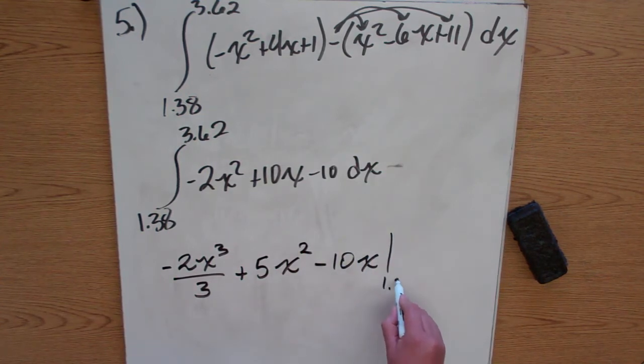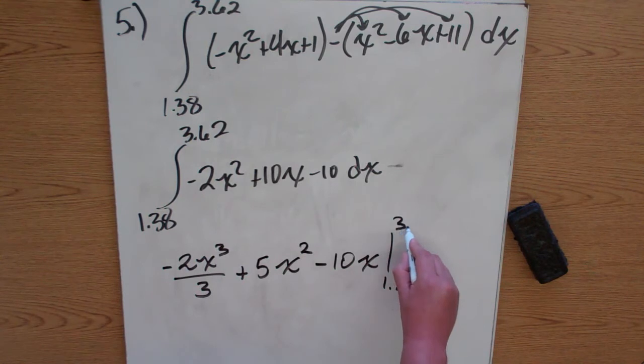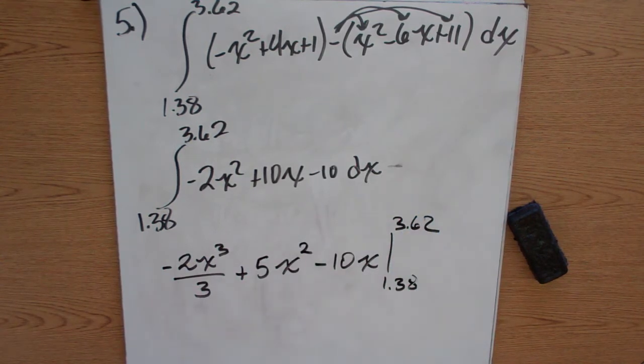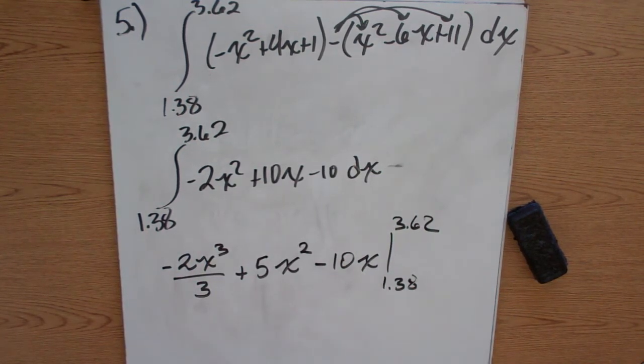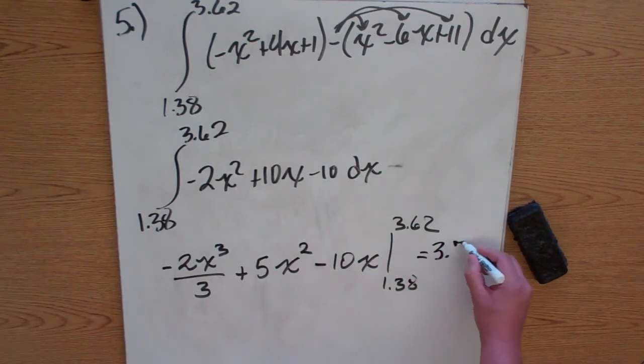We're going to evaluate from 1.38 to 3.62. Remember again, you just plug in 3.62, evaluate, and then subtract what you get when you plug in the 1.38. And when you do, the answer you'll come out with is 3.727.